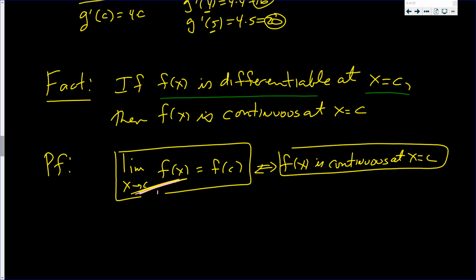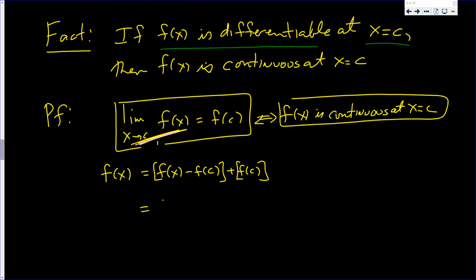So now look, f of x is equal to f of x minus f of c plus f of c. All I did was take away something and add it back, and I can bracket it like this if I like.